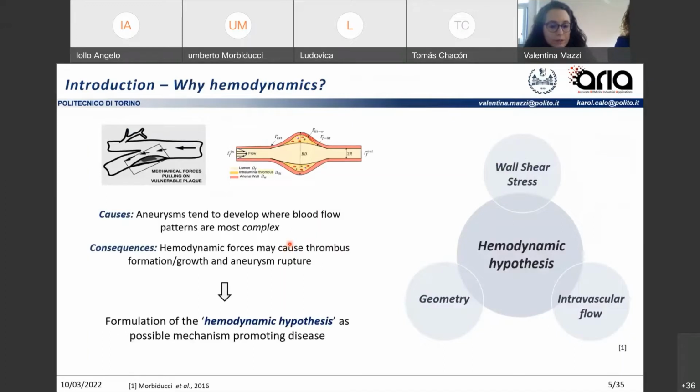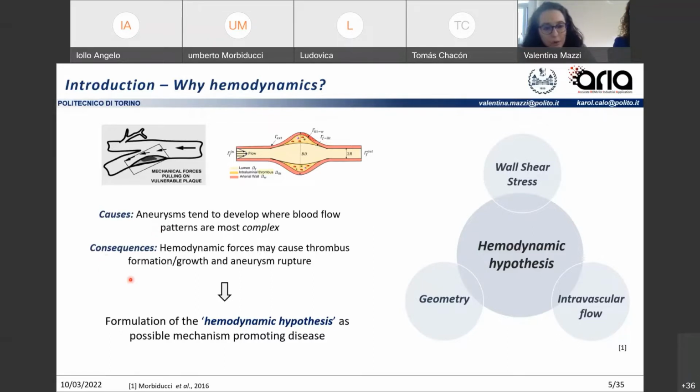As I previously said, among the biomechanical risk factors involved in the pathogenesis of the abdominal aortic aneurysm, hemodynamics plays a key role. But why? First of all, because various vascular diseases, in particular aneurysm, tend to preferentially develop where blood flow patterns are most complex and intricate.